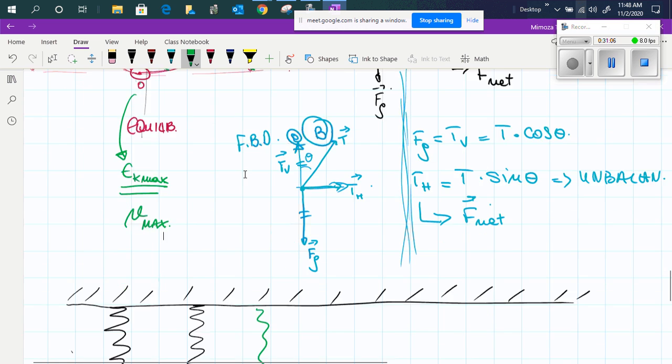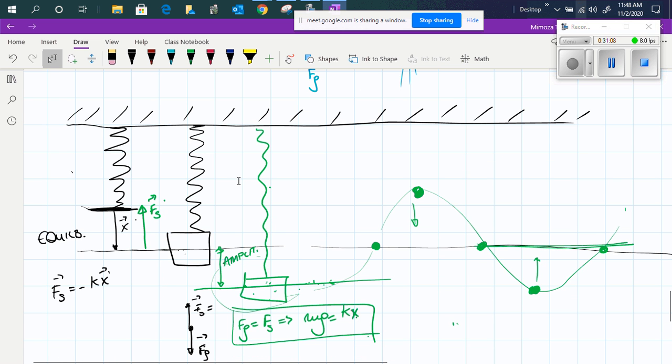But in any case, the height will not exceed the maximum height, and the speed will not exceed the maximum speed. When we have a spring, the maximum x, which is the amplitude, will be the maximum elastic potential energy. As it is going to the equilibrium, we will have maximum kinetic energy.